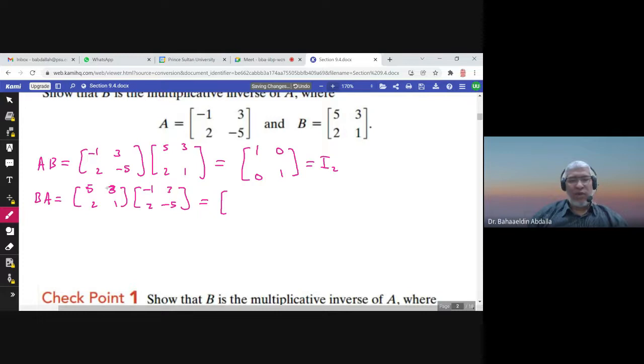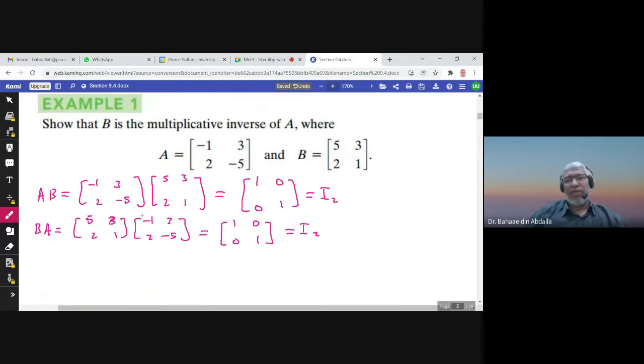Negative 5 plus 6, again 1. 15 minus 15 is 0. Negative 2 plus 2 is 0. 2 times 3 is 6, minus 5 is 1. So again, we have I2. So this is the proof that B is the multiplicative inverse of A and A is the multiplicative inverse of B.